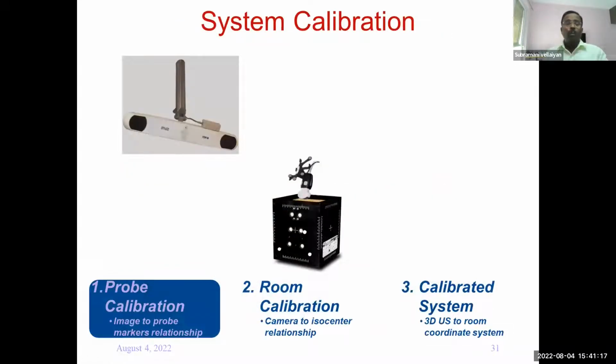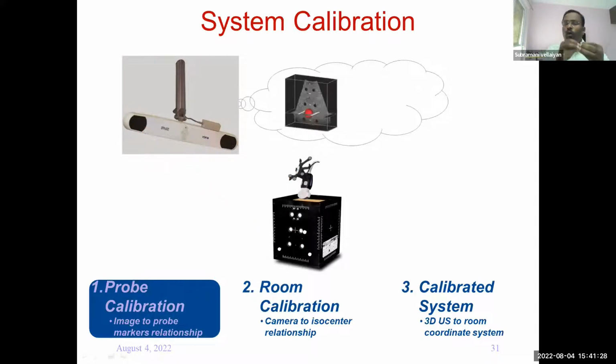So the next important thing is how to calibrate it. That's very important. There are three important calibration procedures. For the probe, that means the transducer probe, the transformation matrix is important. That's how the common coordinates are calculated. So there are three steps. One is the probe calibration.